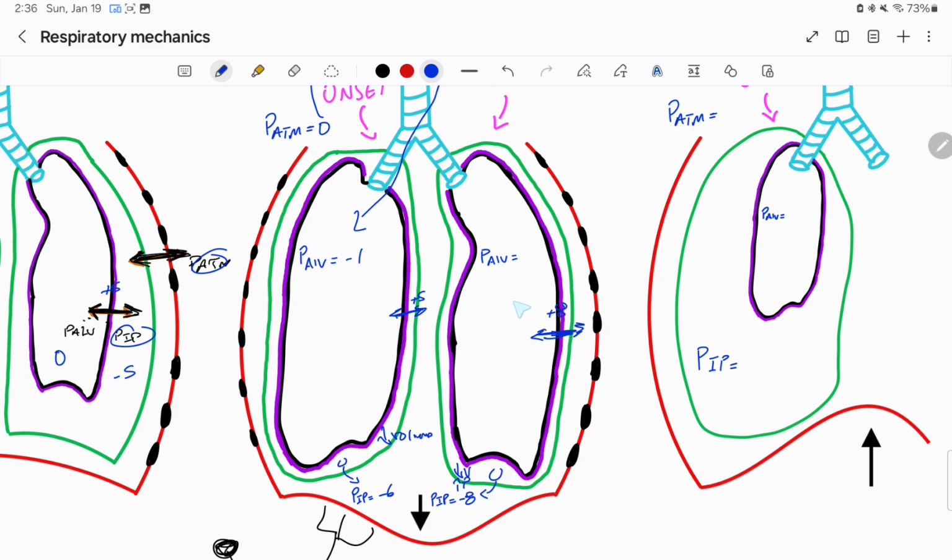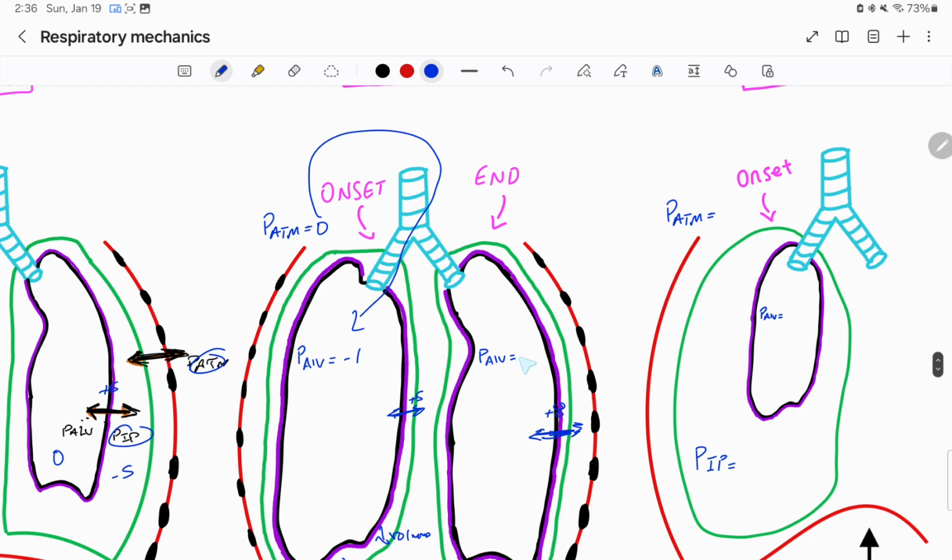Now, the alveolar pressure, what is it going to be? If you said that the alveolar pressure is actually going to be even more negative, you're wrong. It's going to actually be zero. Why would it be zero? Remember, guys, things like to move from a pressure of high to low, but they do that until they equilibrate.